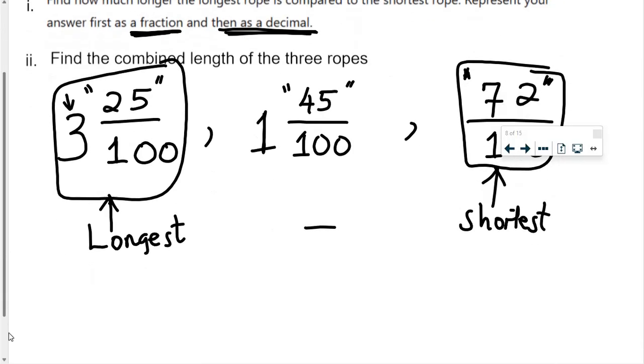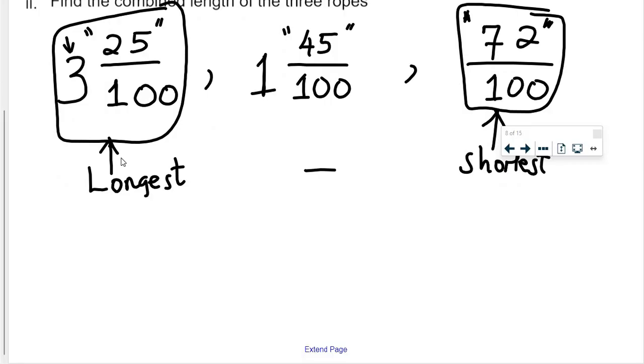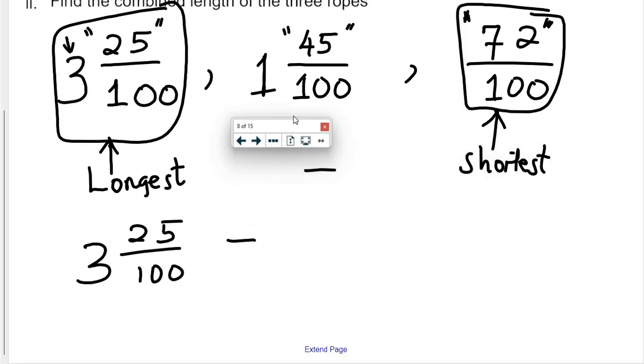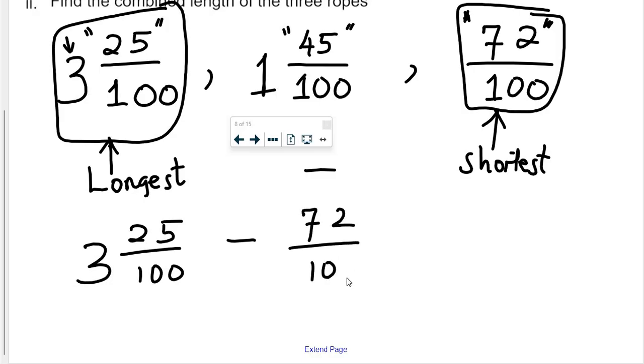Now, the longest is 3 and 25/100, minus the shortest, which is 72/100. Now, how do we move from here? We do 100 into 3.